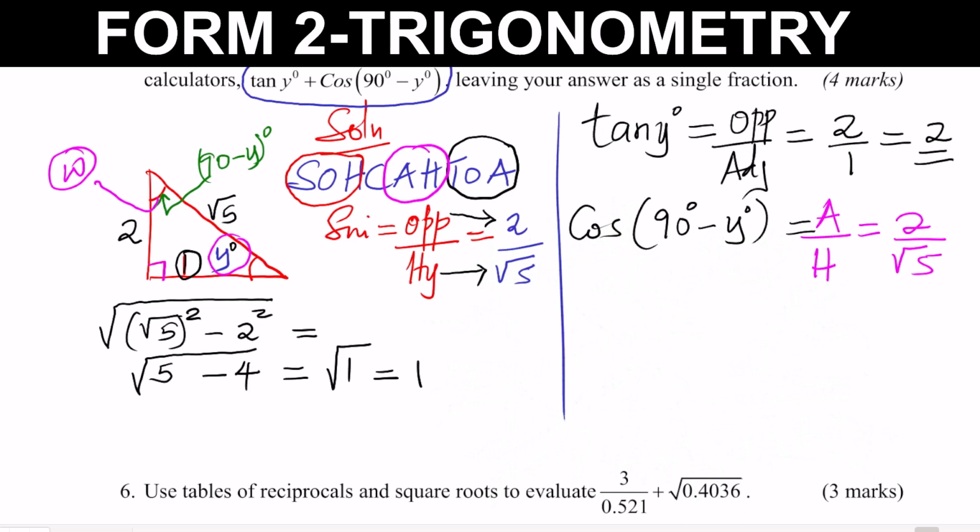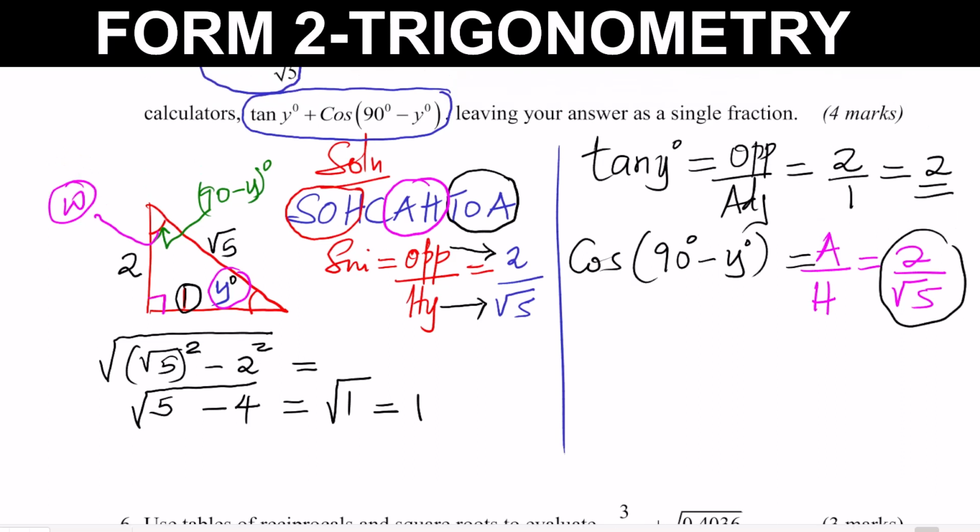So cosine of 90 minus y is 2 divided by root of 5. Having got that, we can now get tan y plus cosine of 90 minus y. Tan of y we got as 2, plus cosine of 90 minus y degrees, which is 2 divided by root of 5.